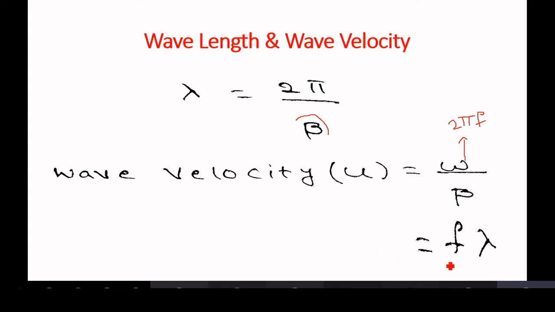So the wave velocity in terms of wavelength is given by f lambda, where f is the frequency of operation at which we are operating. So wave velocity we can express as omega by beta or f into lambda. Wavelength is nothing but 2 pi by beta.